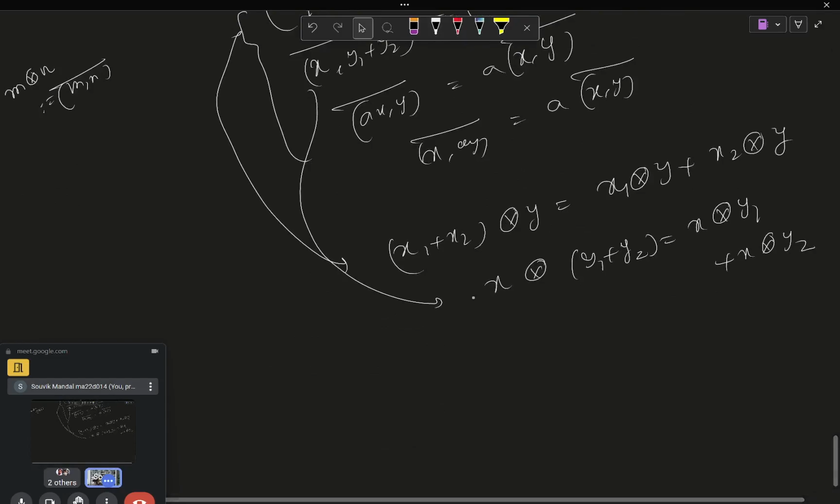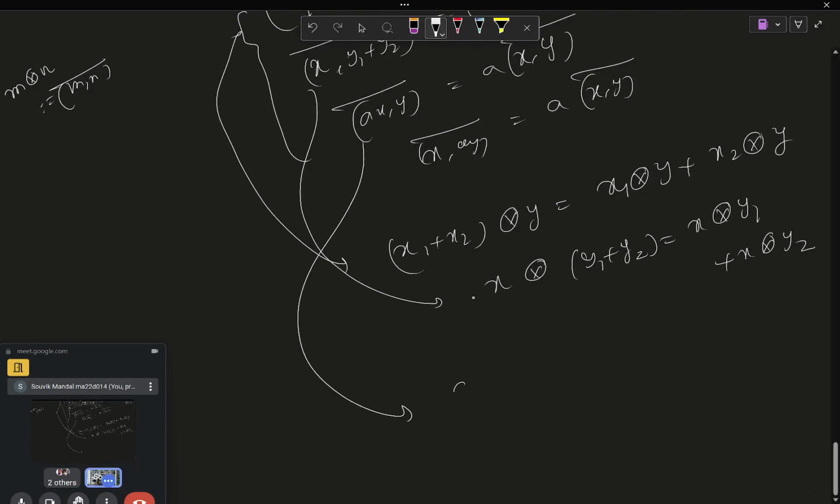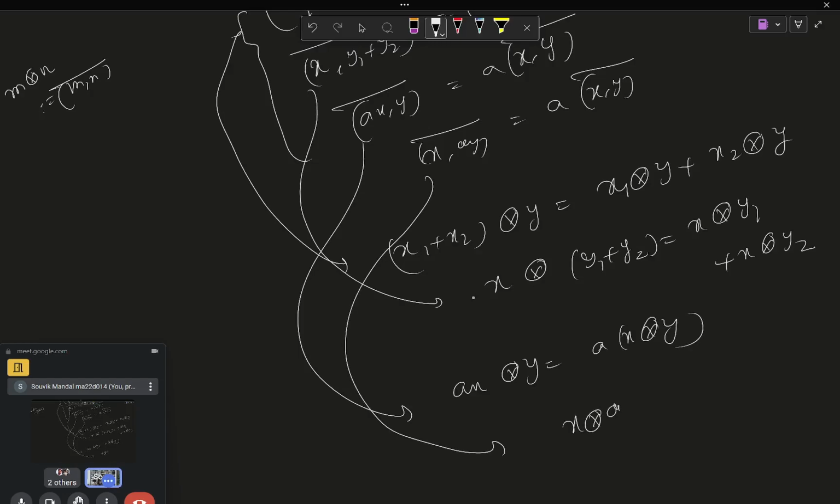Third, (ax) tensor y is a times (x tensor y), and the fourth gives x tensor ay is a times (x tensor y). These are just the notation we have introduced, the tensor instead of the bar.